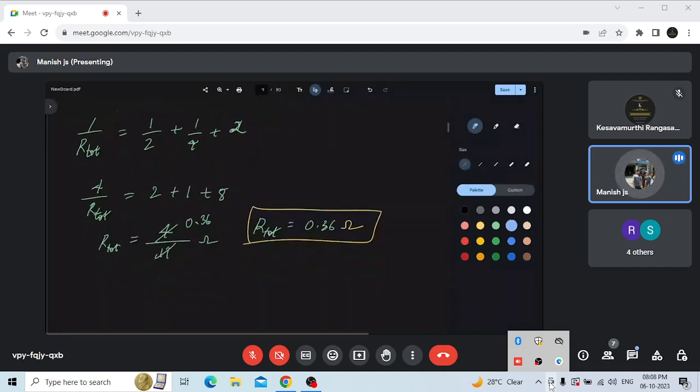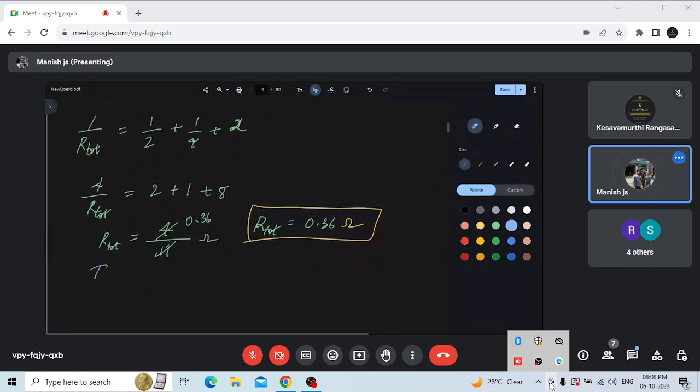So once you've got the total resistance, can't you find out the current? So I is equal to V upon R, where V is 12 volts and R is 0.36. So 120 upon 36. How much is that? Again you cancel. 3 point, I think it's recurring, no?